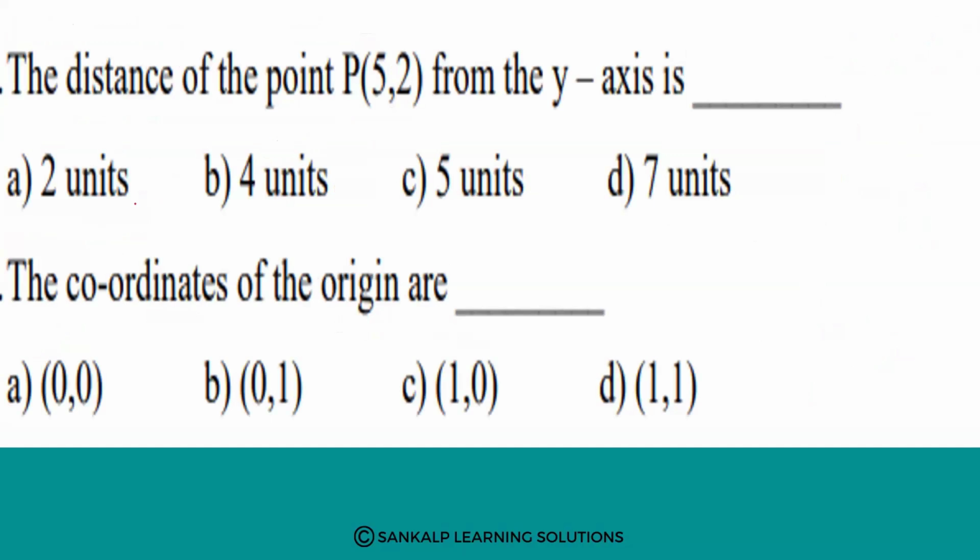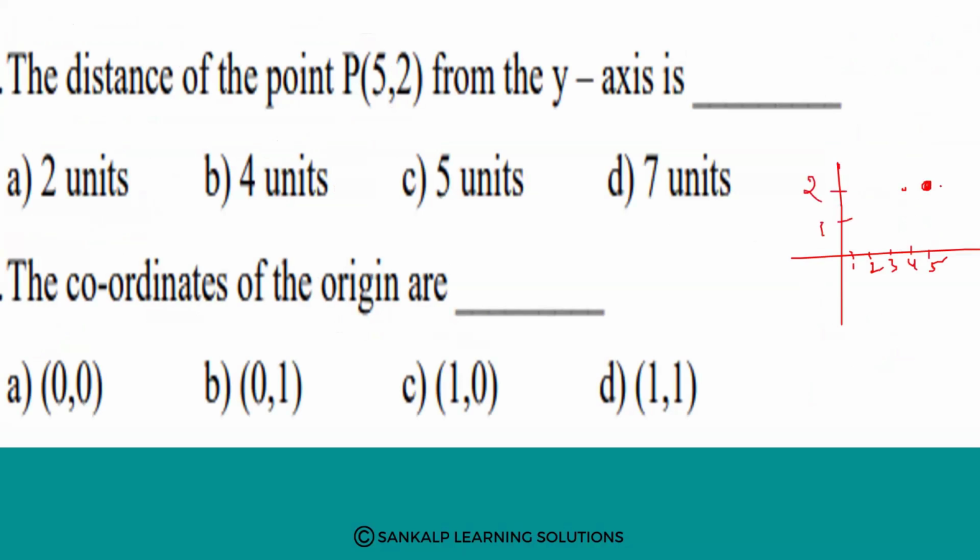The distance of the point P(5, 2) from y-axis. Yes. Now we want the distance of the point from y-axis. That means, see, our point P is here. So, we count 1, 2, 3, 4, 5. So, point P is here and 1, 2.